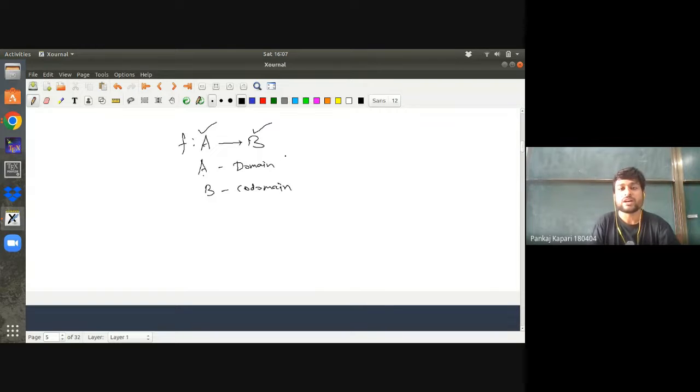But the range of a function is something that is related to f. So what is range? That's denoted by R of f.